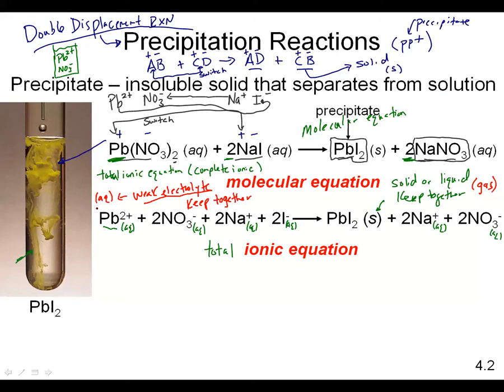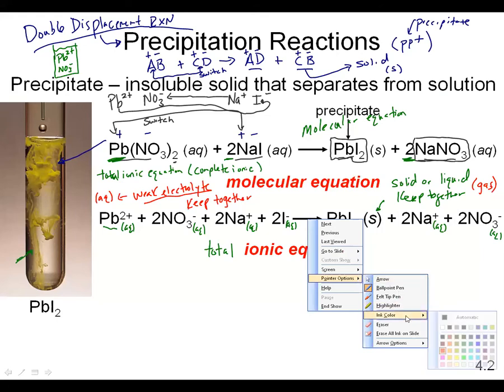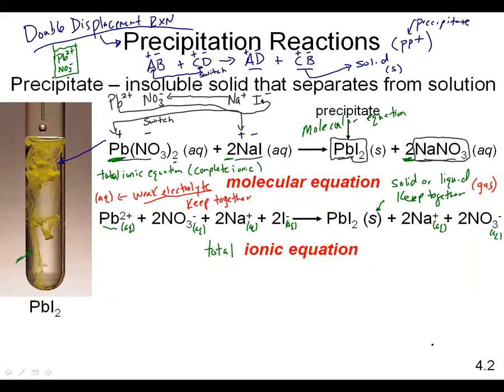So although we have this total ionic equation, which describes what is truly happening in that beaker, in that test tube, we can actually look at the total ionic equation, and you will typically be able to find ions that are present on both sides of the arrow that look exactly the same.